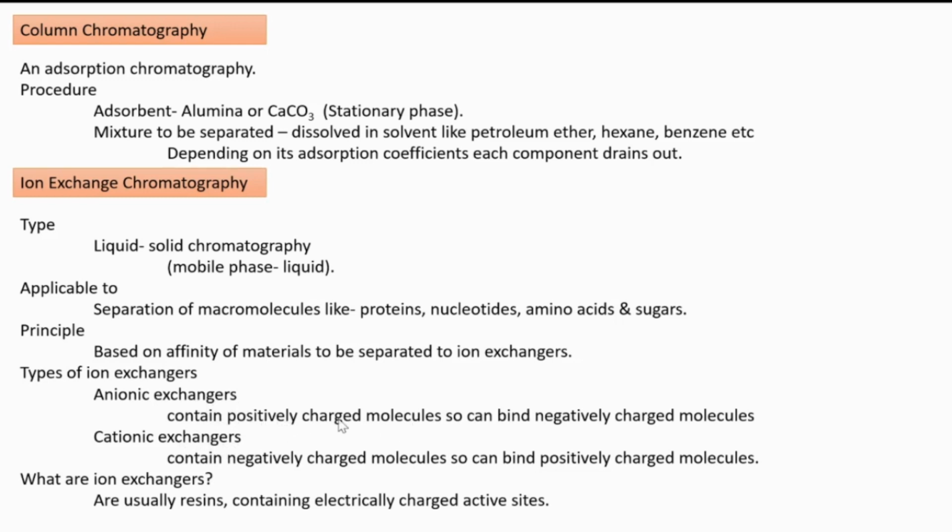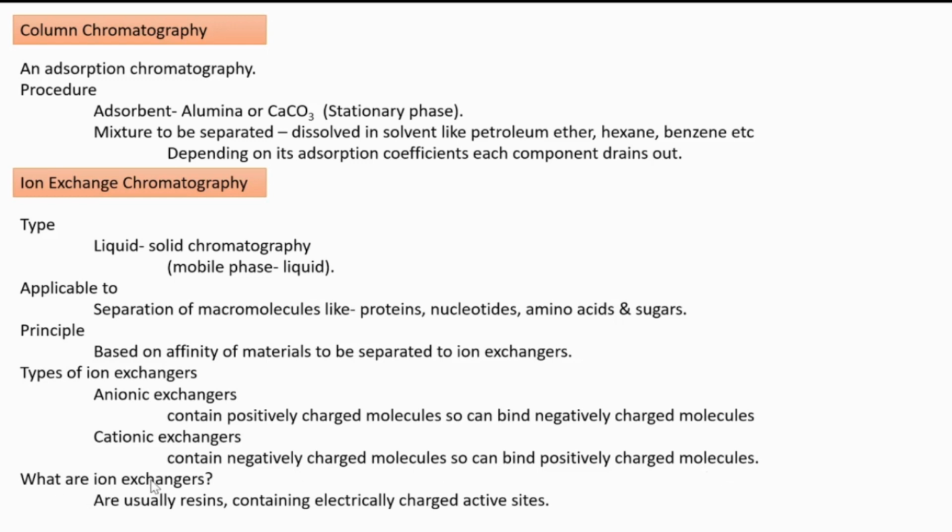Since they are positively charged, they can bind with negatively charged molecules, so they can separate negatively charged proteins and amino acids. Cationic exchangers contain negatively charged molecules, so they can bind with positively charged molecules. So they can be used for separating positively charged proteins and amino acids.